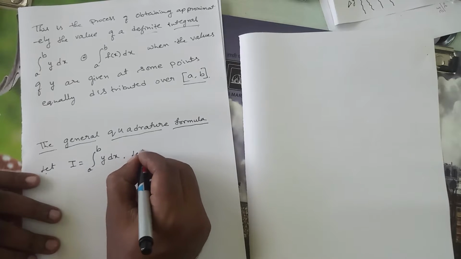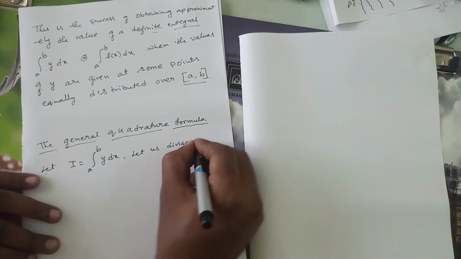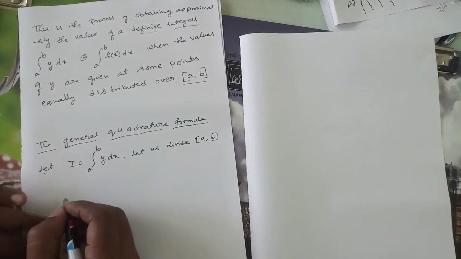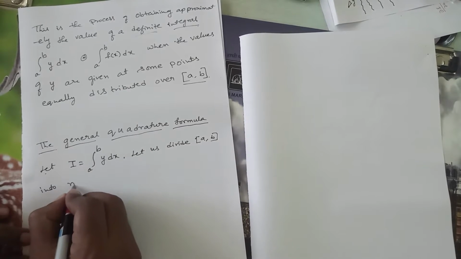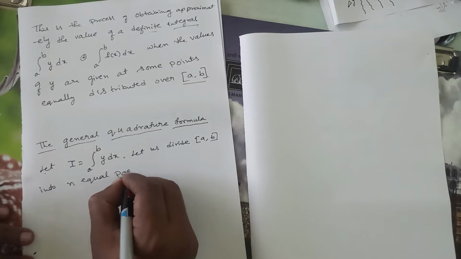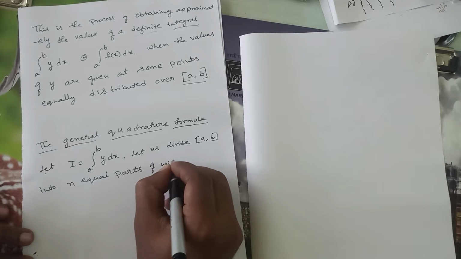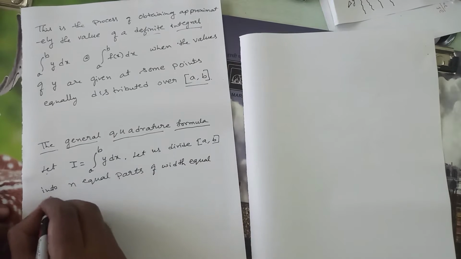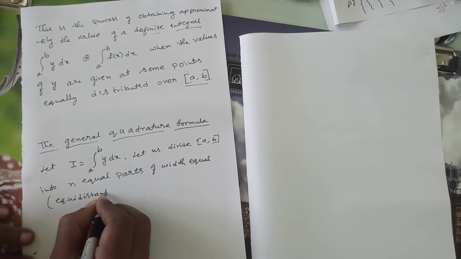Let us divide the closed interval a comma b into n equal parts. The n parts are of equal width, or equidistant.